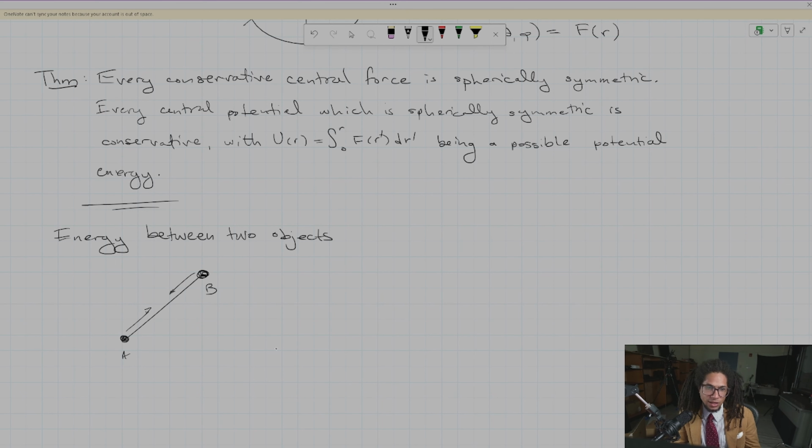Now, I want to point out one thing that we haven't really talked too much about yet in this class. And that's that in physics, we often expect that certain things are true about the way that physics works in different parts of the universe. So a very common assumption that we make is that it doesn't matter if I run this experiment of trying to figure out the trajectory based on the force between two objects in one point in the universe, or if I go 3,000 light years to the right and conduct the same experiment.